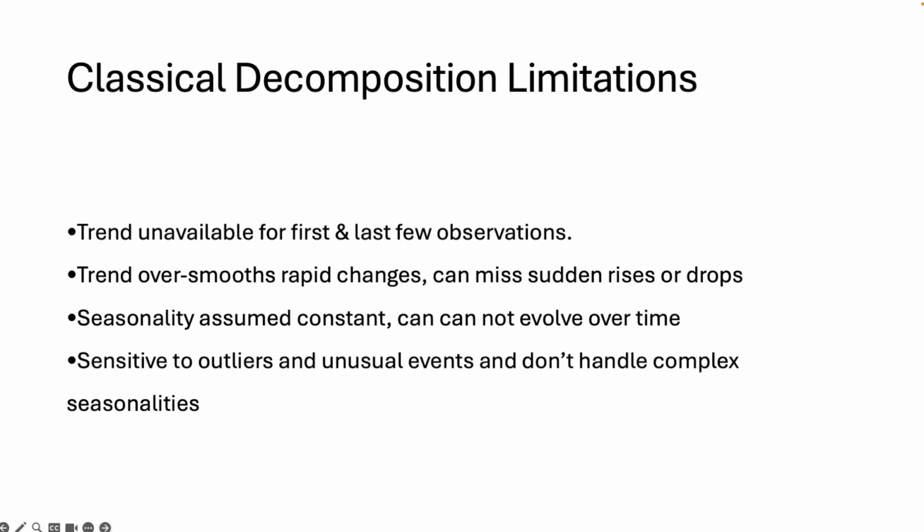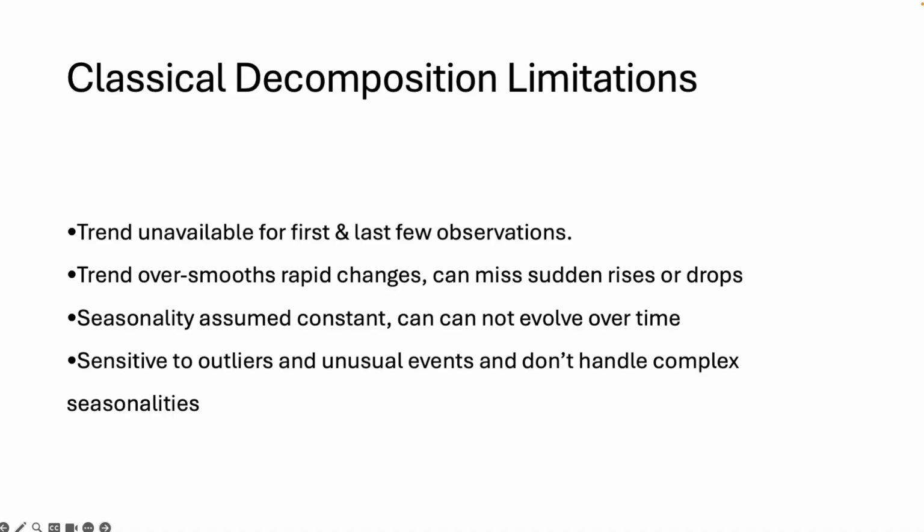There are issues with the classical decomposition, so it has some limitations. The first one is that classical decomposition relies completely on moving averages to estimate the trend. Because moving averages need observations on both sides, we lose many points at the start and at the end of the series.